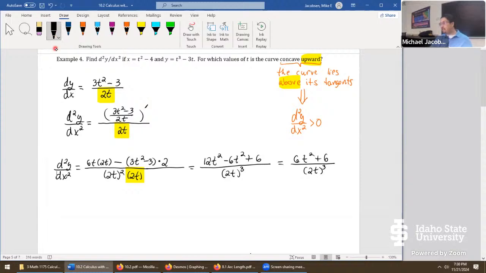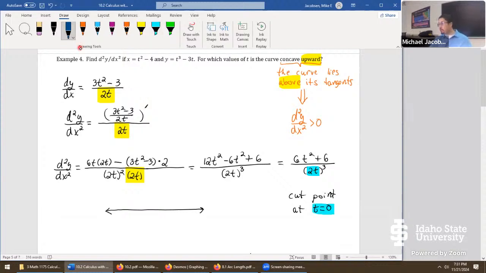So we're now ready to begin this part of solving the inequality. There's no cut points from when the numerator equals 0, but there is a critical value for when the denominator is 0 itself. That's when the second derivative doesn't even exist. So we have a cut point at t equals 0 coming from this part.